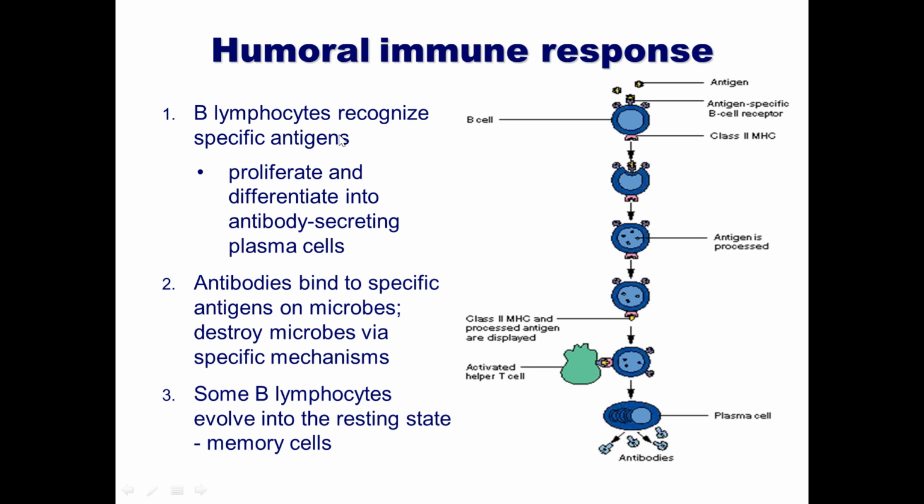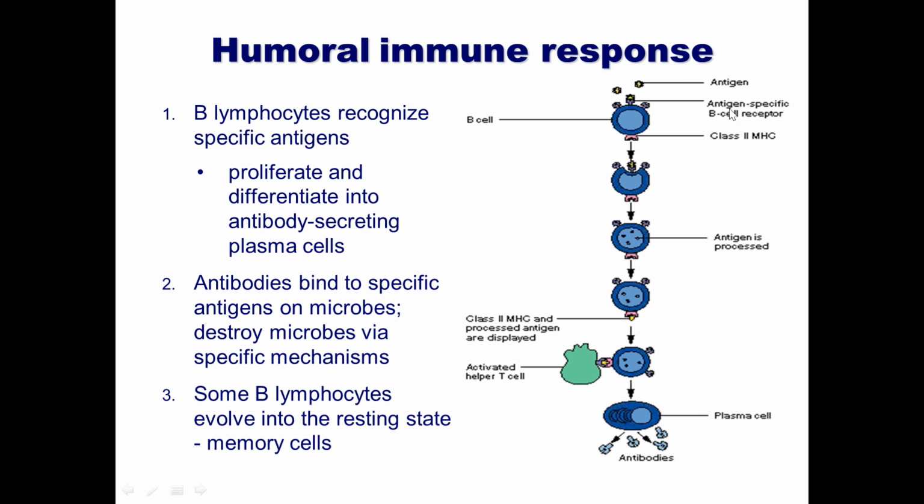So the B lymphocyte recognizes a specific antigen, proliferates and differentiates into antibody-secreting plasma cells. The antibody binds to a specific antigen on microbes and destroys the microbes by a specific mechanism. Some B lymphocytes evolve into the resting stage and memory cells.